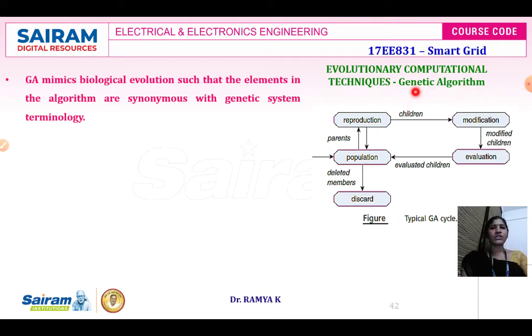In general, the genetic algorithm is the most commonly used algorithm that gives a high quality solution for optimization and other such problems, using biologically inspired operators such as mutation, crossover, and selection. So this particular algorithm can be implemented in the smart grid wherever we have the characteristics of a biologically inspired operator.